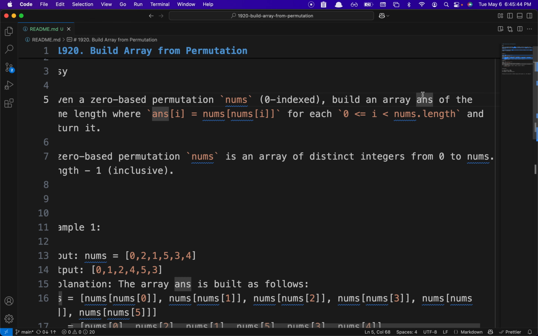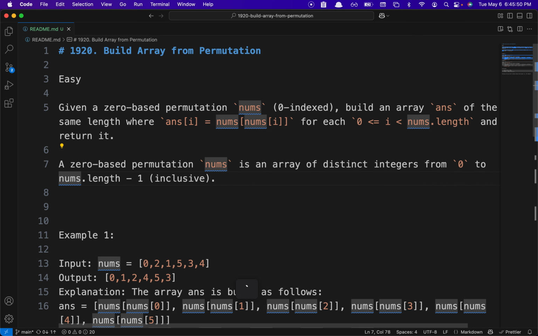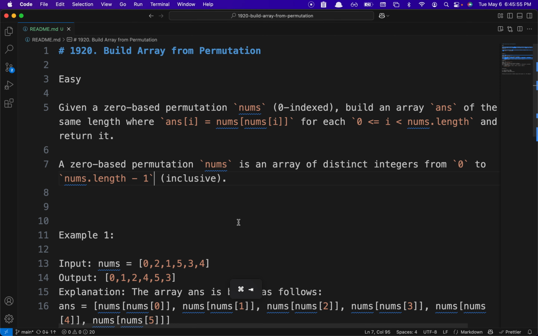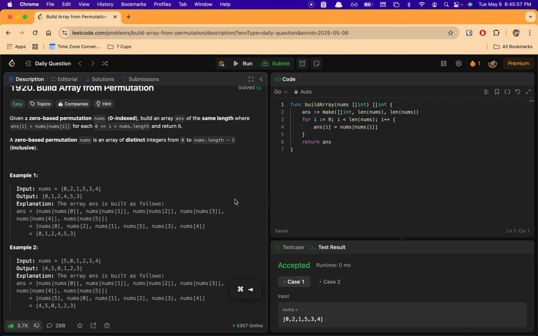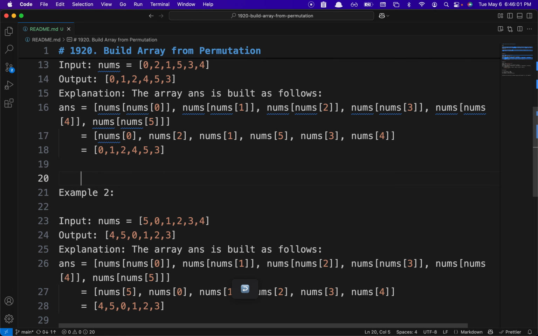And you have to create this, 0 to nums length minus 1, that's inclusive. And this is the example, an explanation, and another example, explanation.